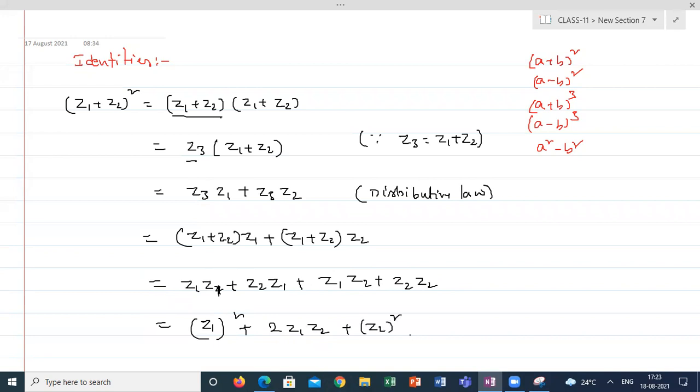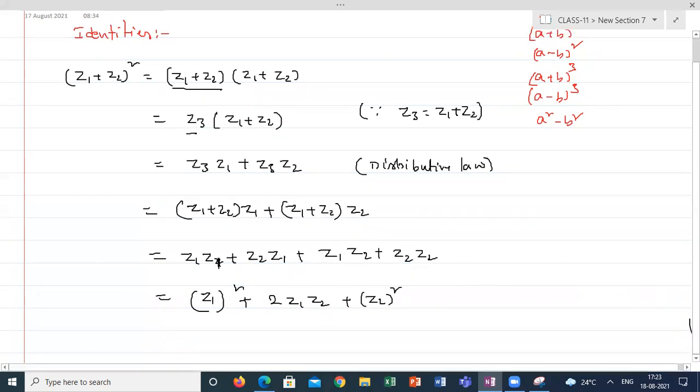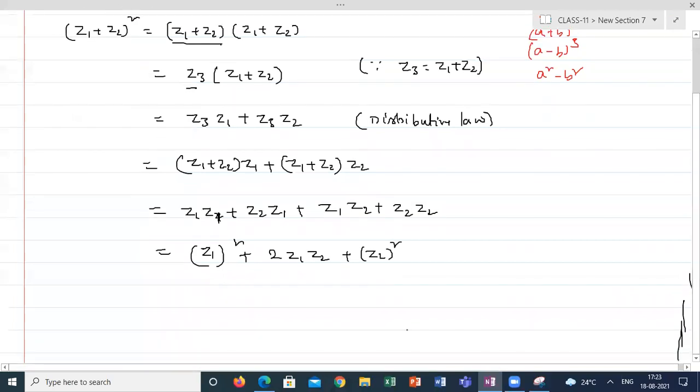Like this we can prove the rest of the identities also. Like if I'm taking a minus b whole square, like z1 minus z2 whole square, z1 square minus 2 z1 z2 plus z2 square. Same as we can prove z1 plus z2 whole cube.